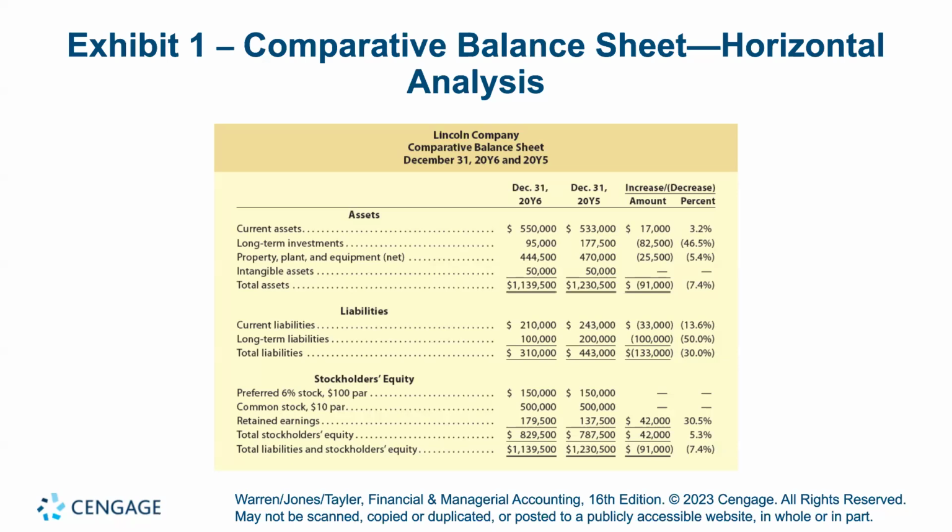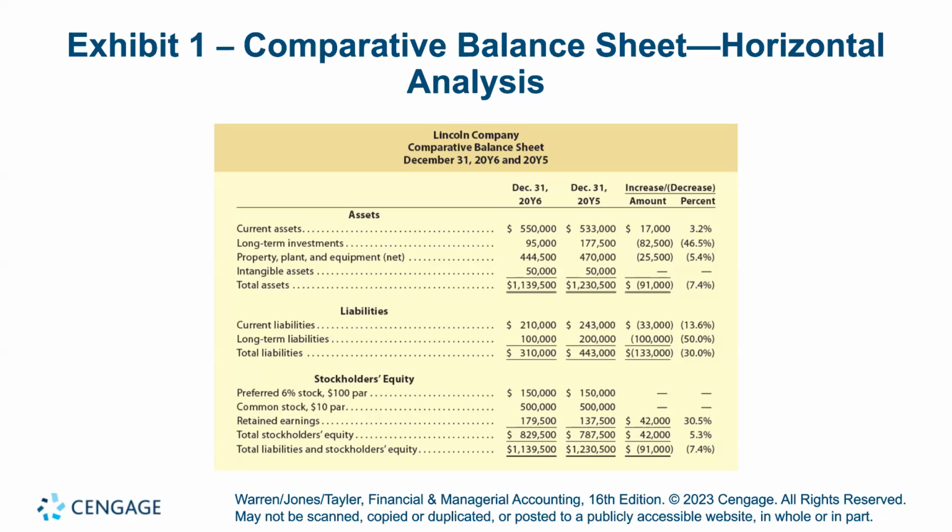And then there's another two columns over here. One shows the difference between the two, the increase or decrease, and the percent. So this is the Lincoln Company. We're looking at a comparative balance sheet that shows the balances at the end of 2 years side by side, and then the amount of increase or decrease both as a dollar amount and as a percentage. And that's what horizontal analysis is.